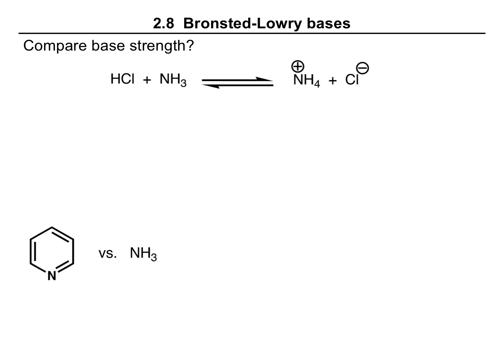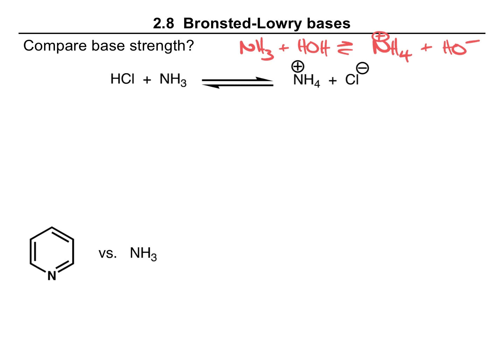Well, it's possible to consider a base such as NH3 reacting with water to give ammonium ion plus OH minus, and we can write the equilibrium expression for this as the Kb, the base dissociation constant, and we could determine tables of pKb values.